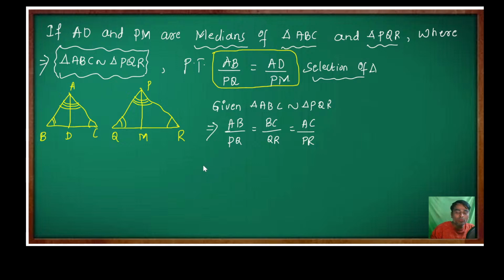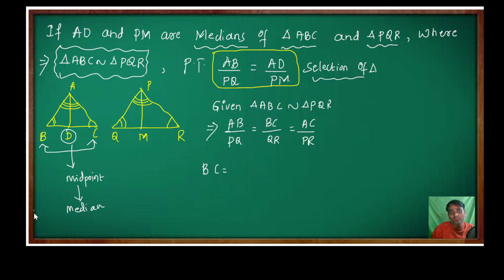And now, what is BC? BC you see here it is. D is the midpoint. Why is it the midpoint? Because the median is given, right?